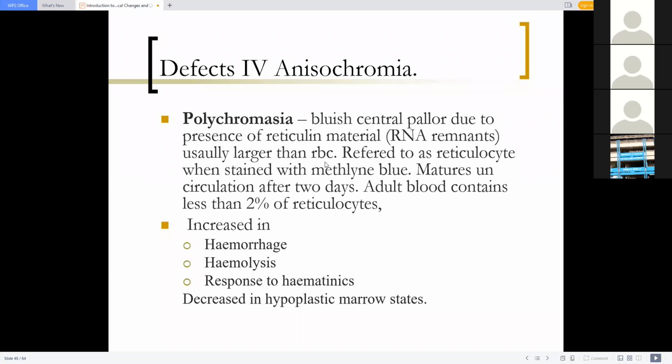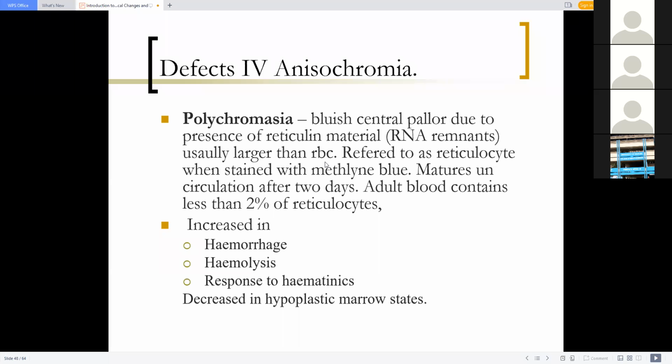This cell usually has remnant RNA, ribonucleic acid material, and we know that these cells form a small percentage in normal circulation.